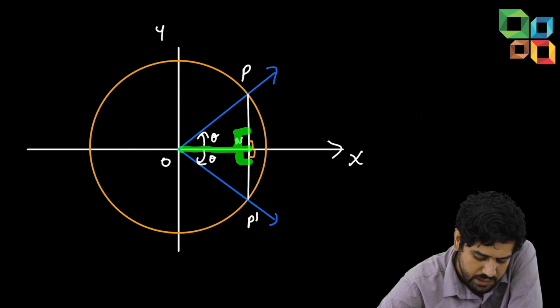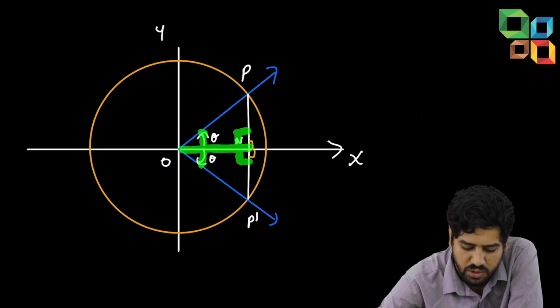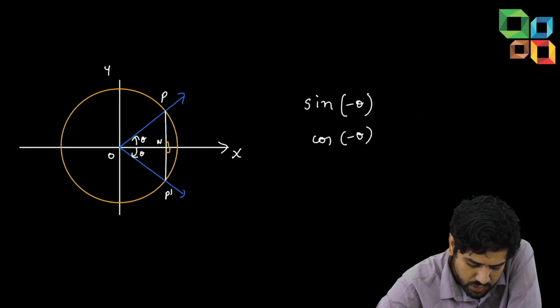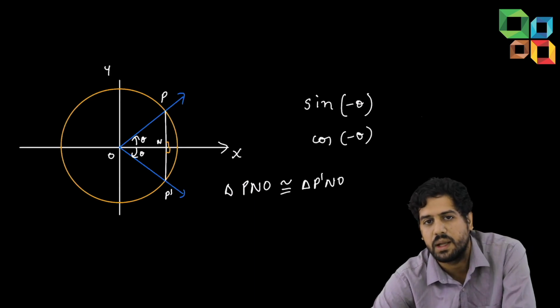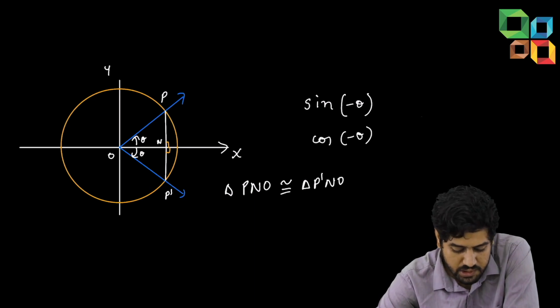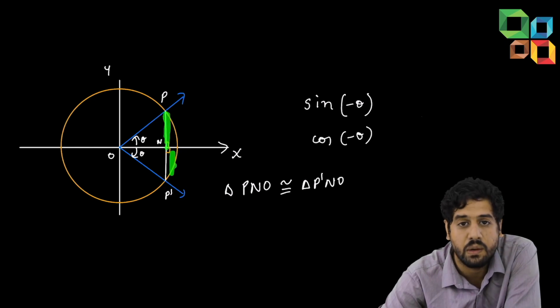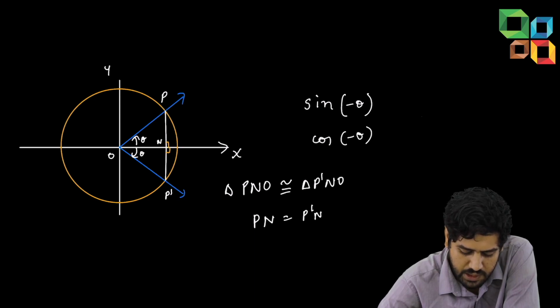So using ASA, you can prove that triangle PNO is congruent to triangle P dash N O. If these two triangles are congruent, you have length PN equal to length P dash N.